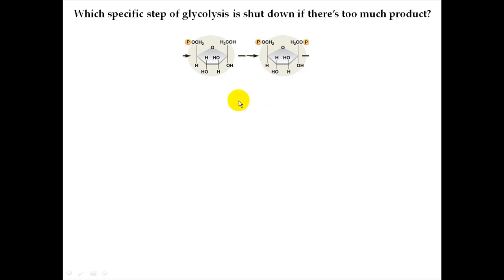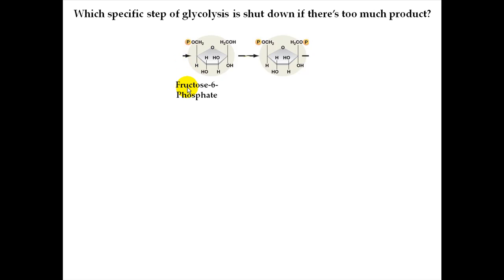The first thing we'll mention is the names of these two molecules. In this reaction, the reactant is called fructose 6-phosphate, which makes sense because this is a fructose molecule whose sixth carbon contains a phosphate group.